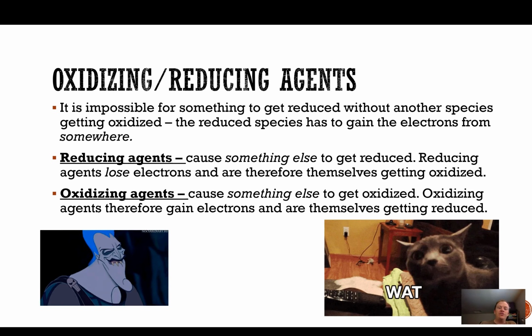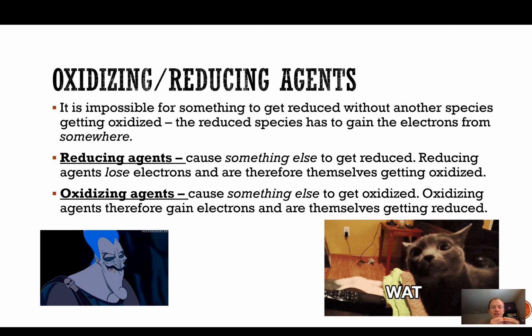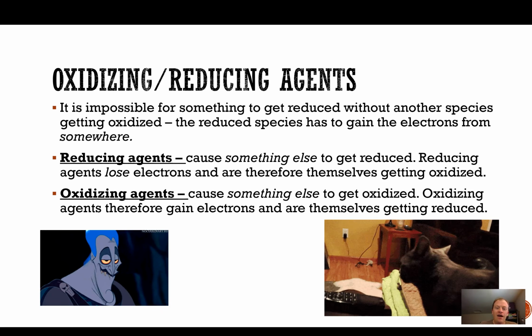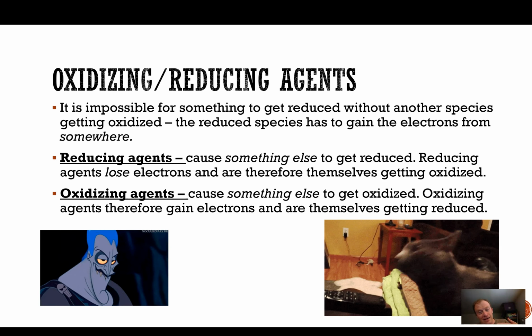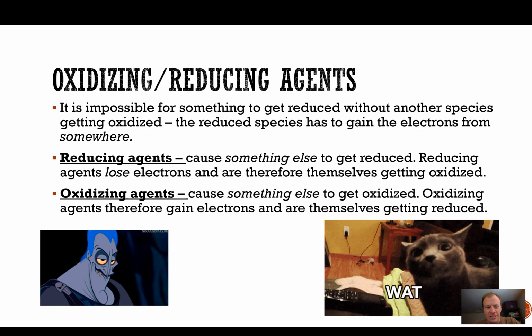When it says reducing agent, it means it is the thing in a chemical reaction that's helping to reduce something else. So if it's going to reduce something else, in other words, give electrons to something else, it is losing electrons and getting oxidized. Oxidizing agents are the things that are taking the electrons, they themselves are getting reduced, and they're helping something else get oxidized. I didn't invent this terminology, but it is what it is, and we're just going to have to get used to it.